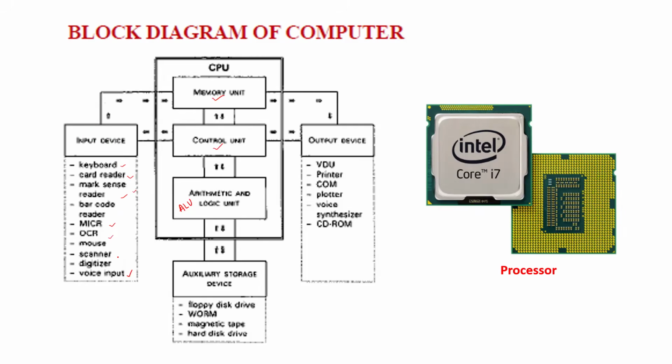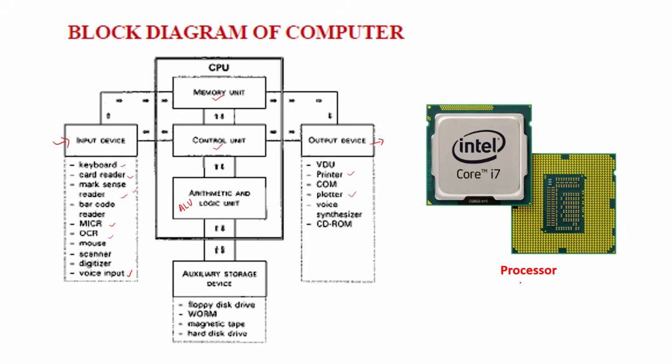Voice inputs we give with the help of a microphone. So these are the input devices. On the right side we have output devices like printer, plotters, CD-ROM, and voice synthesizer. These are the output devices. Whenever they ask you to explain or discuss the block diagram of the computer, you have to draw the computer along with the peripherals and explain.